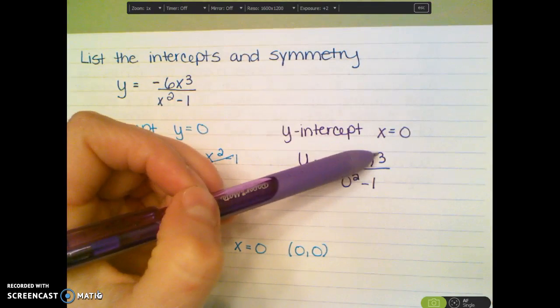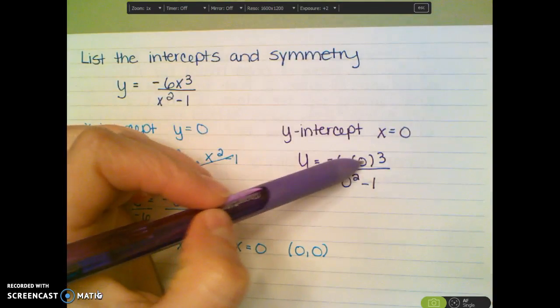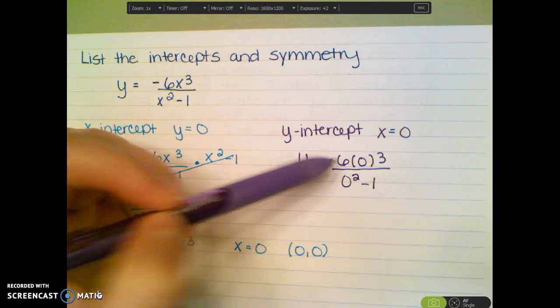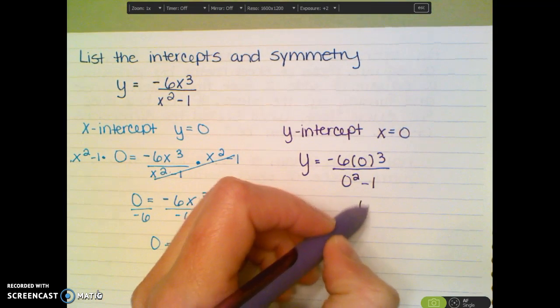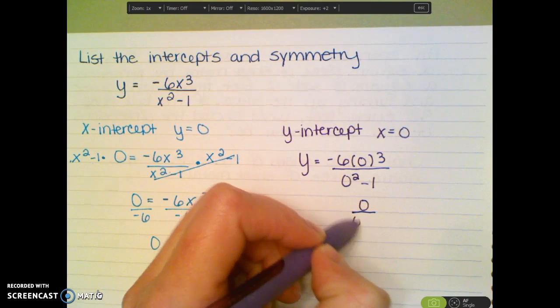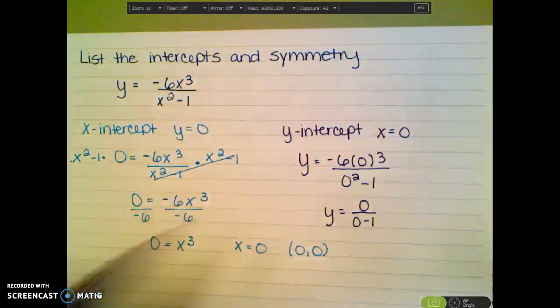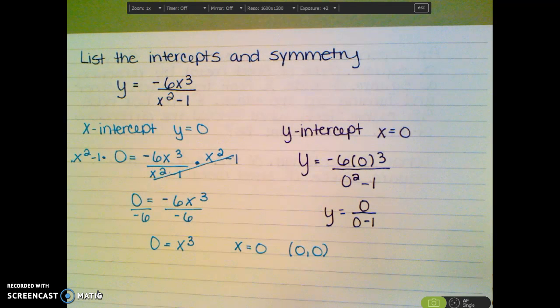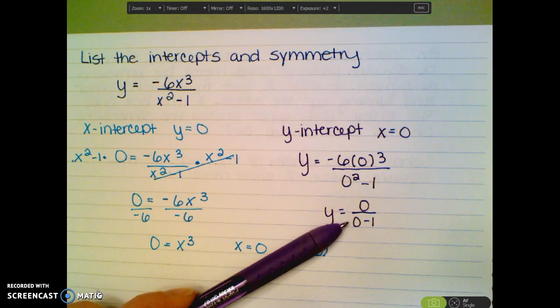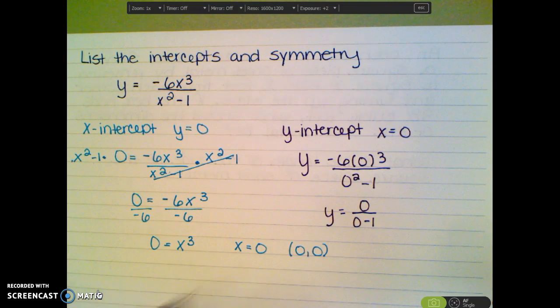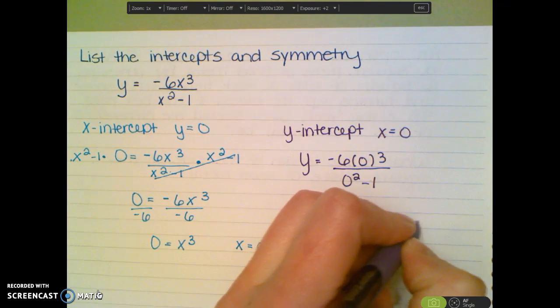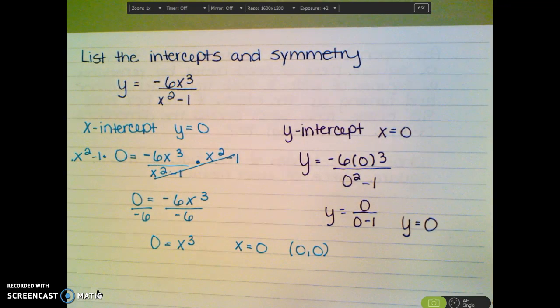So 0 cubed is 0, and then 0 times negative 6 is going to be 0. So this is going to be 0 over 0 squared, which is 0, minus 1, equals y. Now we're going to have y equals 0 over a number. Remember, anytime you have 0 over a number, that just means 0. So y also equals 0.